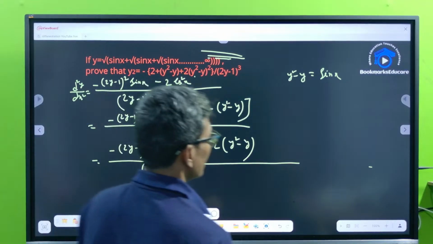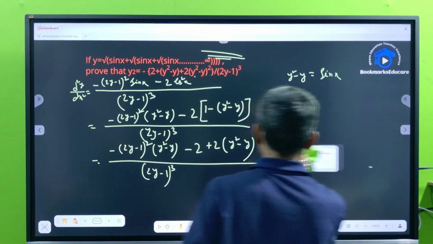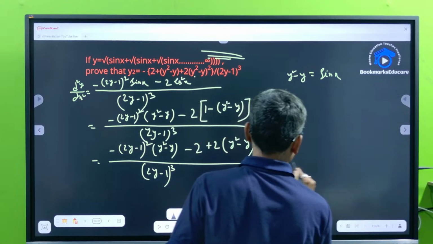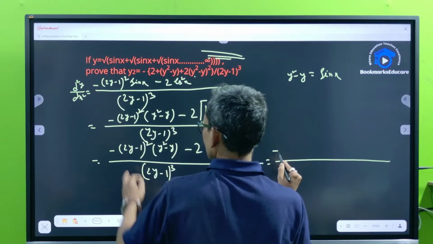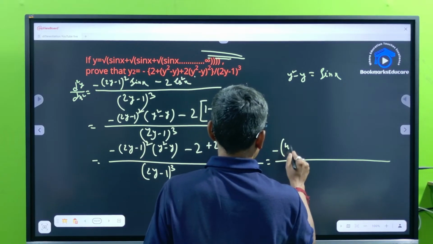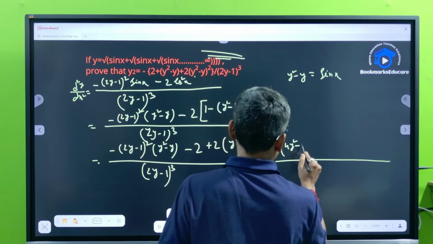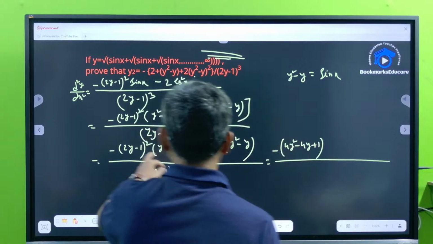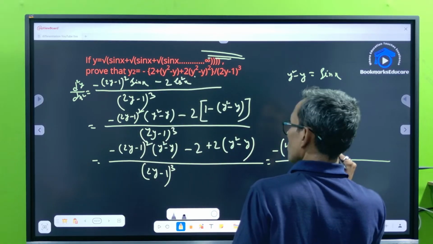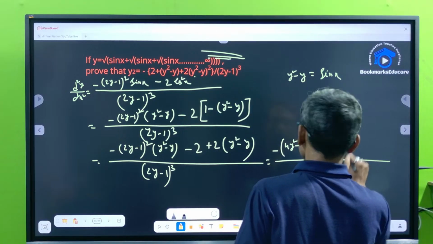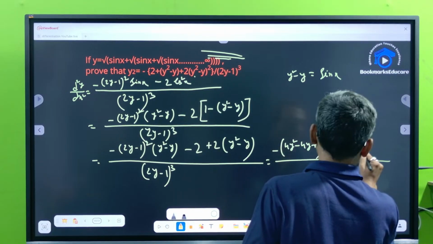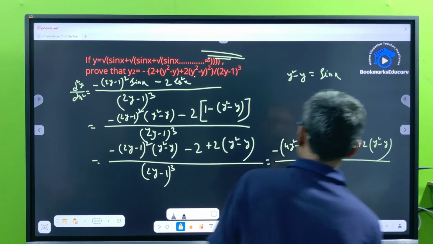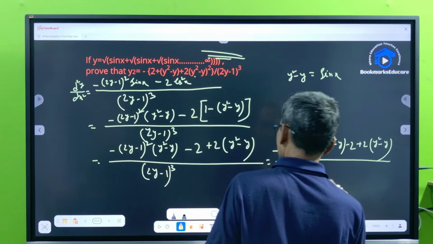So now minus 4y square minus 4y plus 1 into y square minus y minus 2 plus 2 into y square minus y. Okay. So 2y minus 1 whole cube.